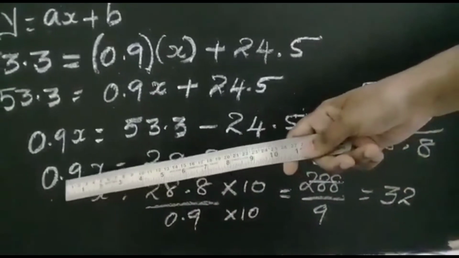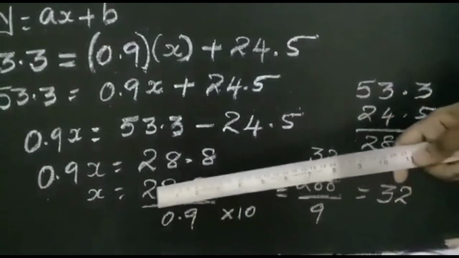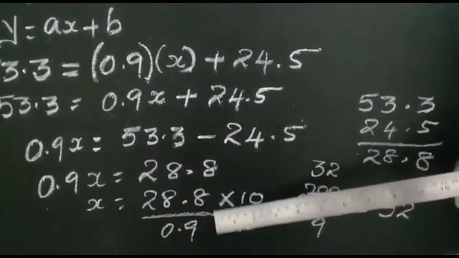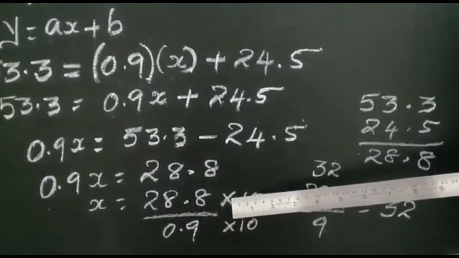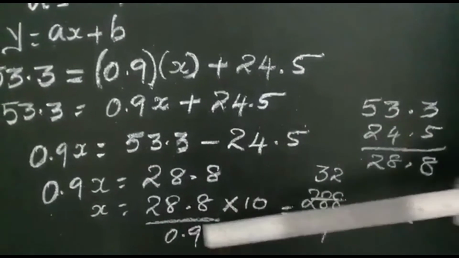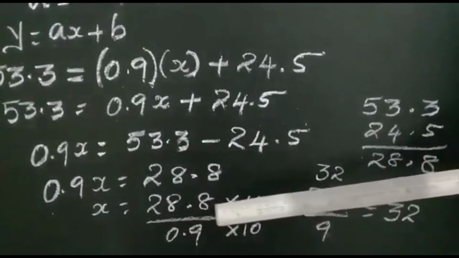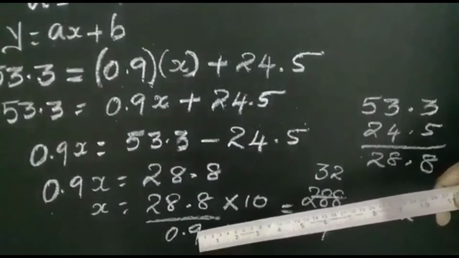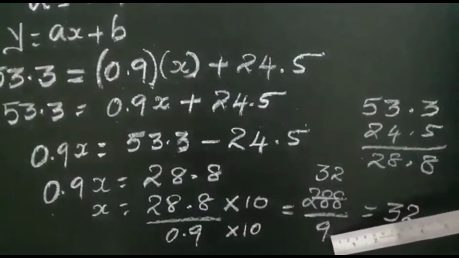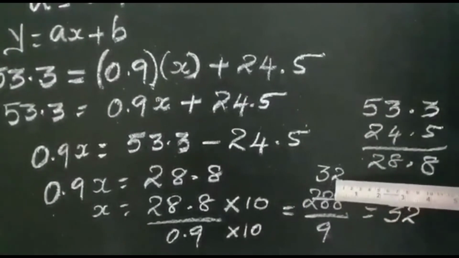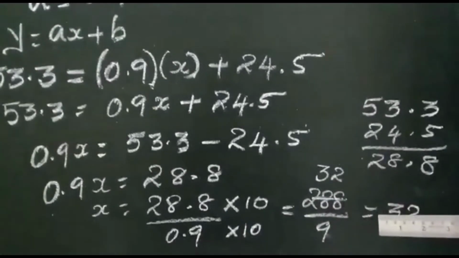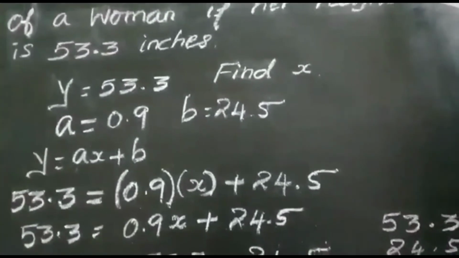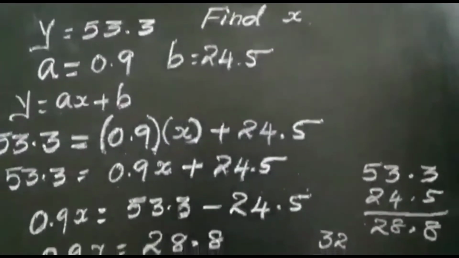Here the multiplication goes to division. Now remove the decimal number: multiply by 10 and divide by 10 also. So 28.8 multiplied by 10 is equal to 288, and 0.9 into 10 is equal to 9. 9 times 32 is 288. Therefore the length of the forehead is 32 centimeter.